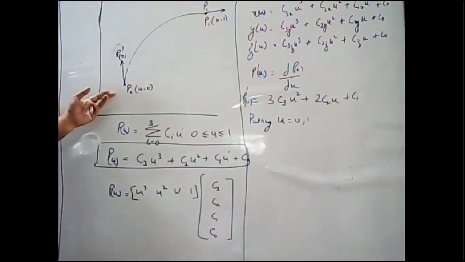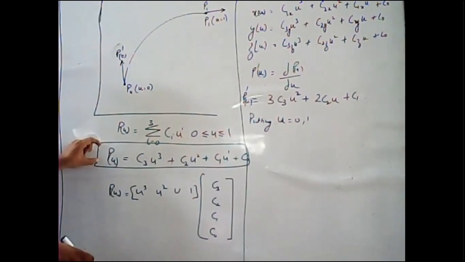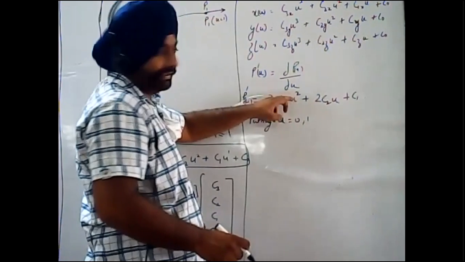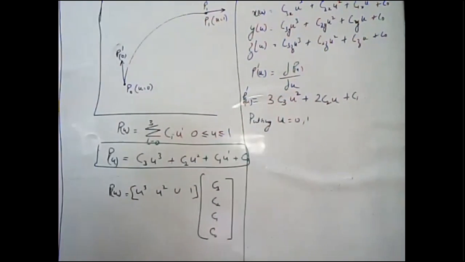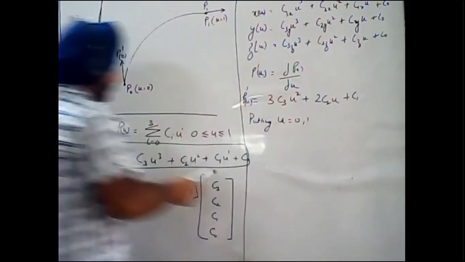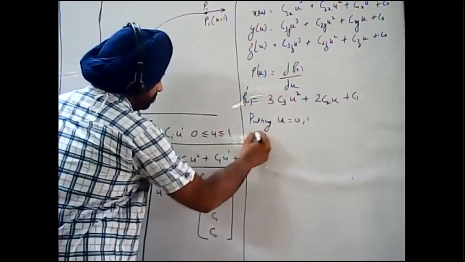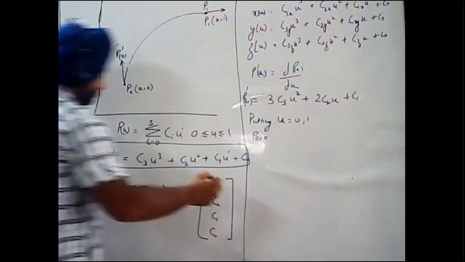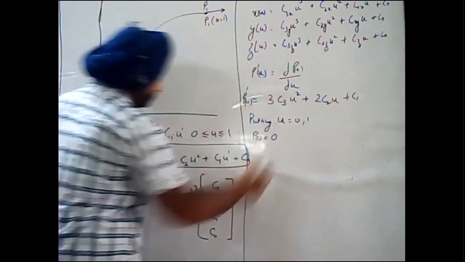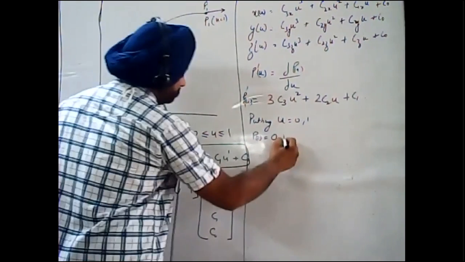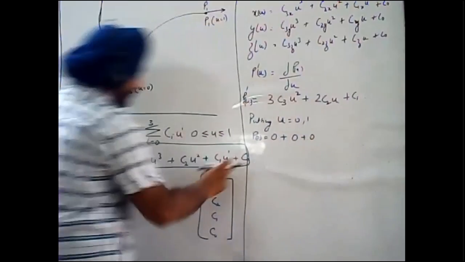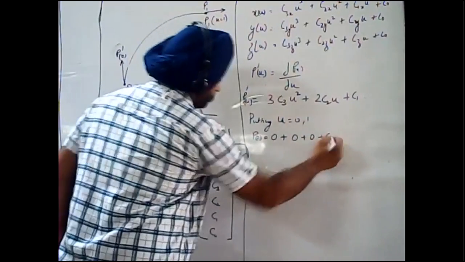So now to calculate the tangents P dash naught and P dash 1, you have to put again 0 in this equation and again 1 in this equation. So there will be 4 equations in this case. Now let us put u equal to 0 in this equation. Now P naught will become, if you put u equal to 0, this will become 0, this will become 0, this will become 0, and this is equal to C naught.